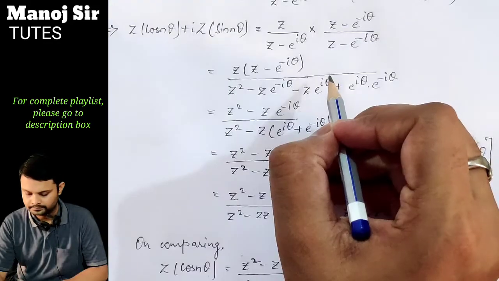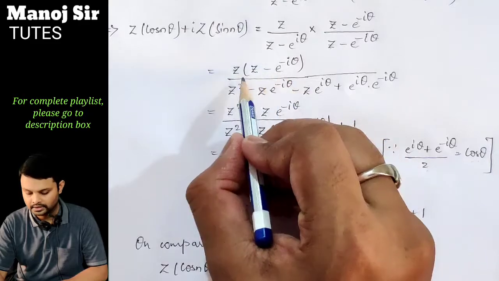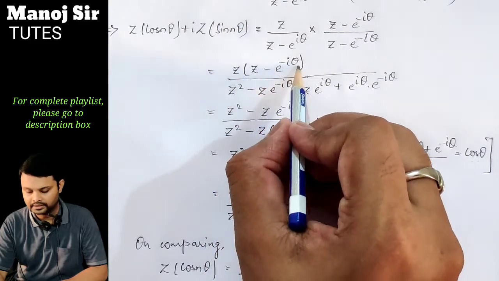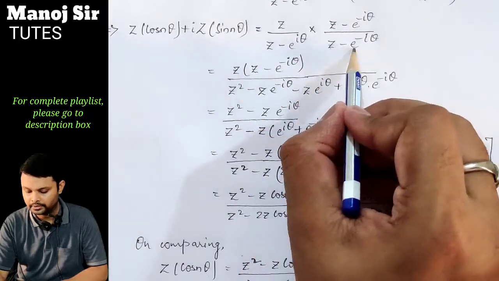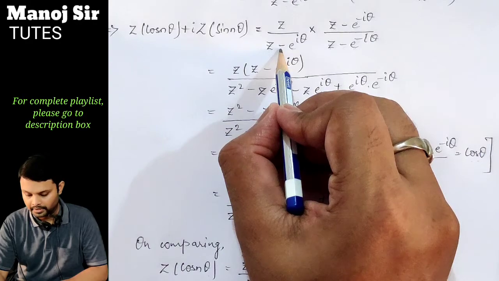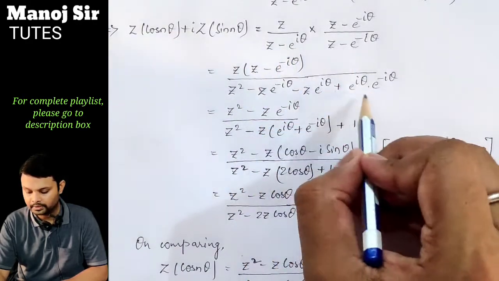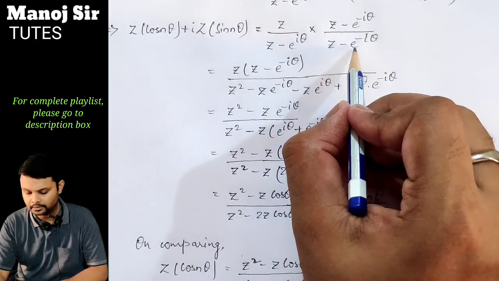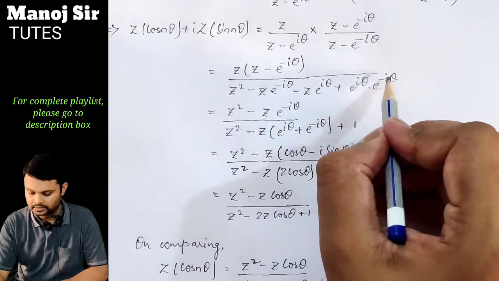Now we are going to multiply, that is z into z − e^(−iθ) upon this into this, that is z² − z e^(−iθ) − z e^(iθ), then negative will become positive, e^(iθ) into e^(−iθ), so this gets cancelled.